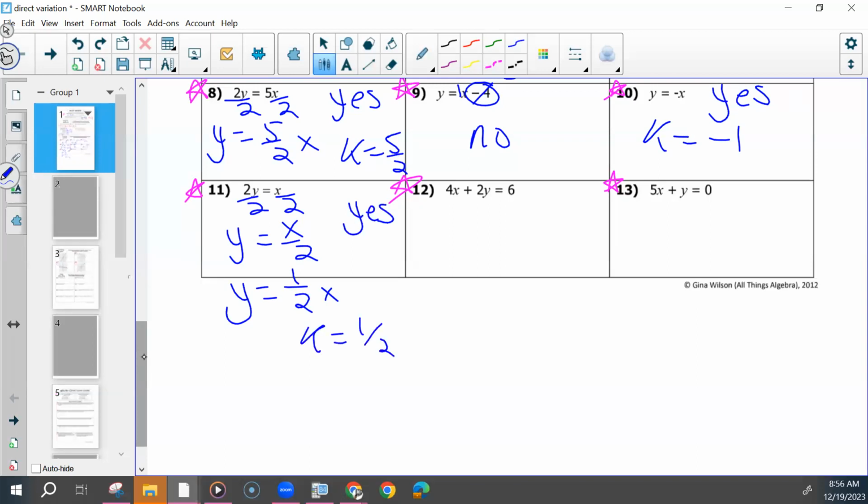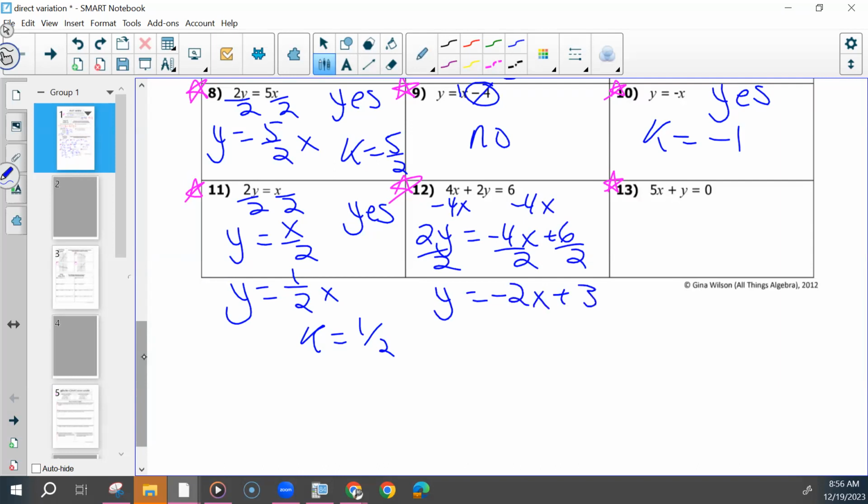In cases like 12, most of those will not be direct because it'll have a y-intercept that's not 0, but solve it just to be sure. Subtract 4x on both sides. Divide everything by 2. We have y equals -2x plus 3.